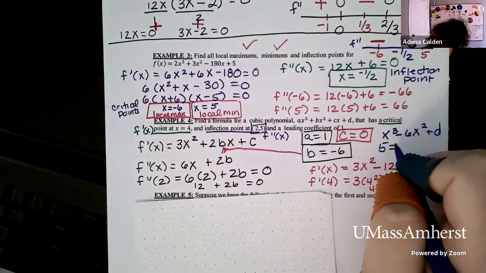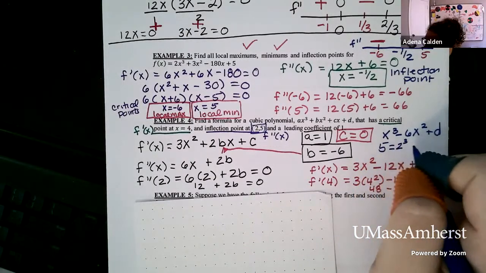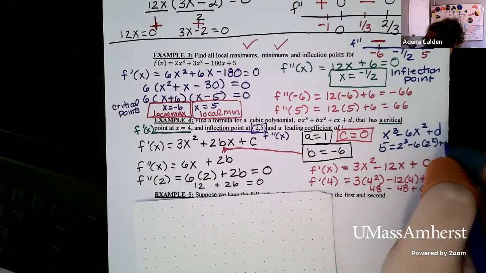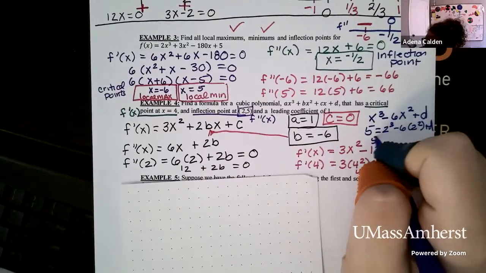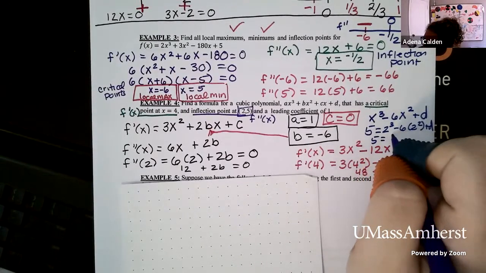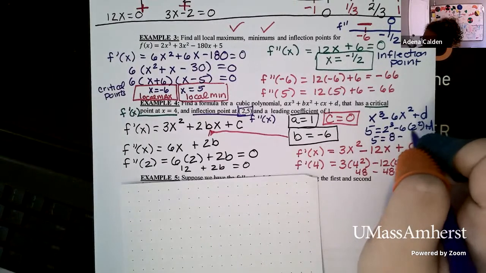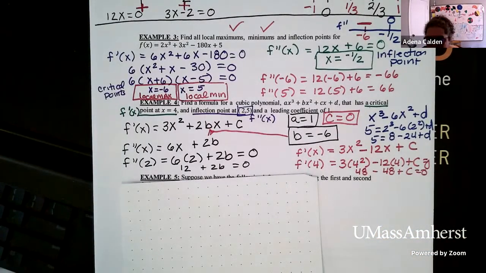I have 5 equals, so that's the y value, 2 cubed minus 6 times 2 squared plus d. So I have 5 equals, now 2 cubed is 8, minus, now 2 squared is 4 times 6 is 24, plus d. 8 minus 24 is -16 right here.